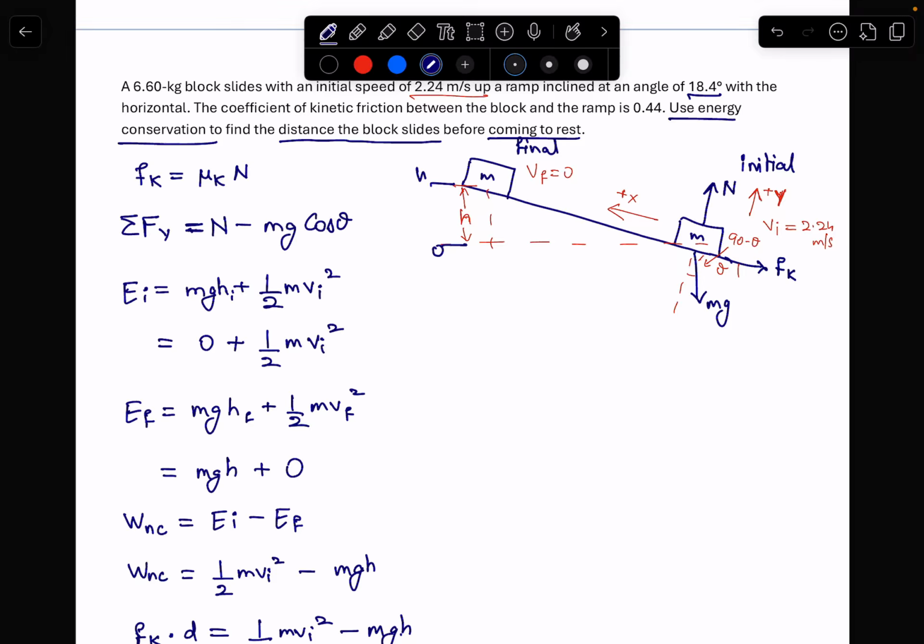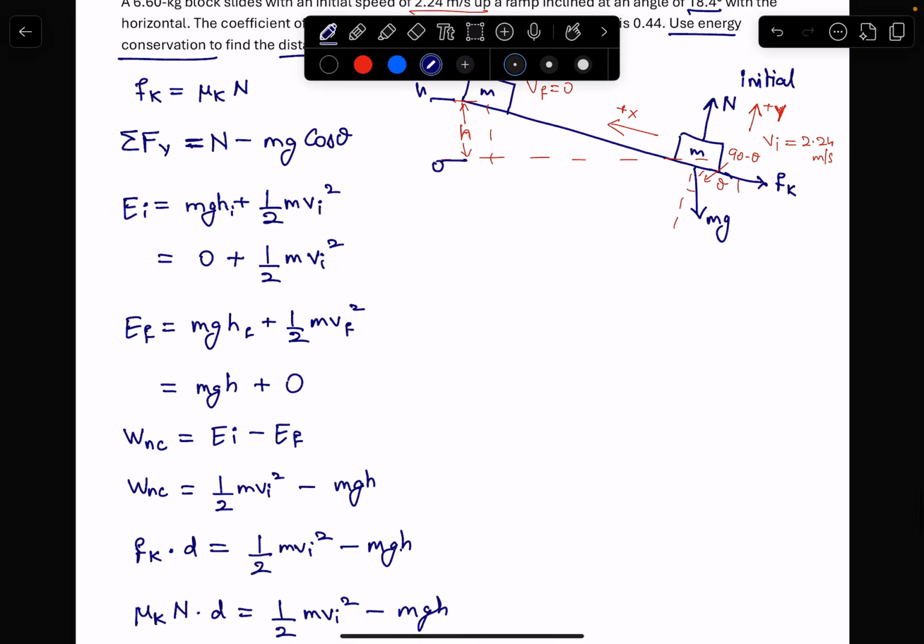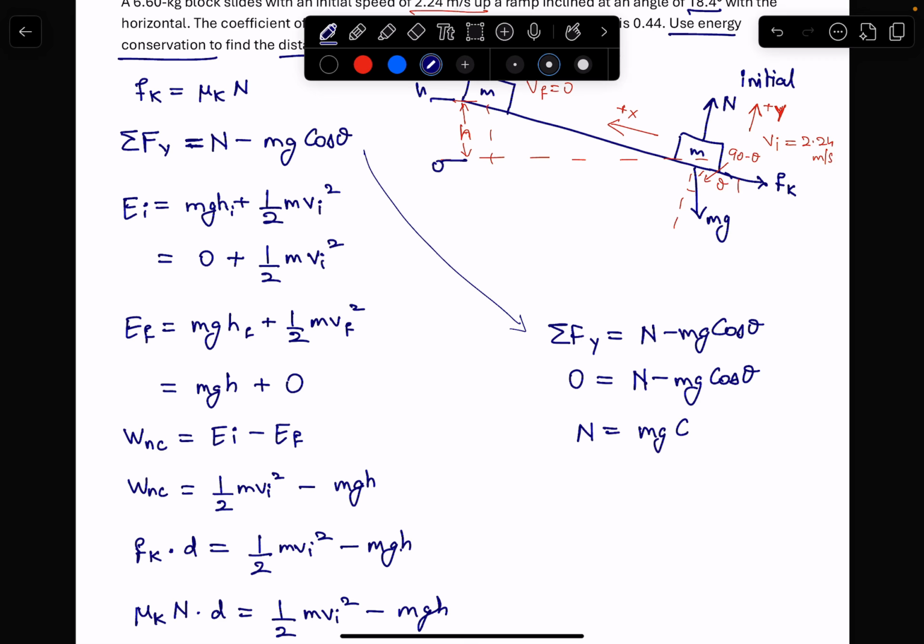It's not moving in the y direction. So I'll write that down again. The sum of forces in y is equal to n minus mg cosine theta. This should be equal to 0 because there's no acceleration in the y direction. So my n is equal to mg cosine theta.